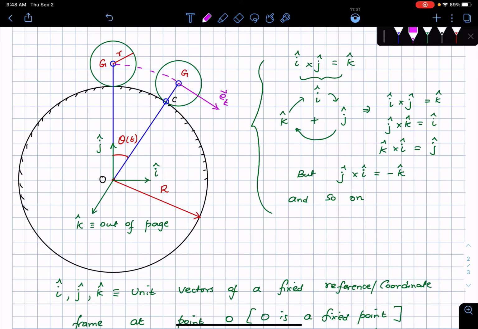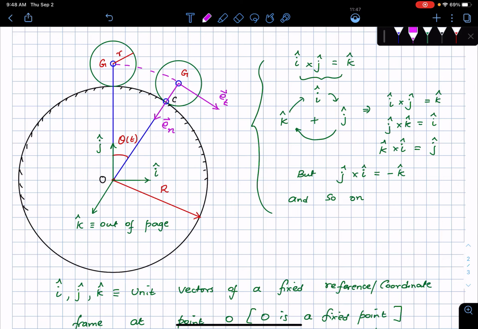And then the unit vector that is pointing towards the center of rotation is going to be the normal unit vector. This is going to be E suffix n, which is going to be pointing towards the center of the path O. Okay, and once again I can set up a triad.